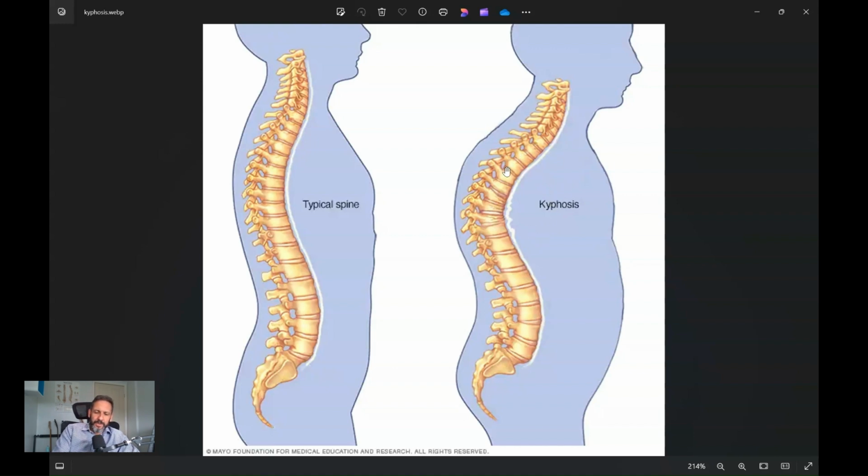And then the reason it's common in elderly patients is a multitude of factors that's been explored and not fully explained. So one theory is that as we get older, you can get crumbling of the bones, the individual bones themselves, the vertebral bodies.